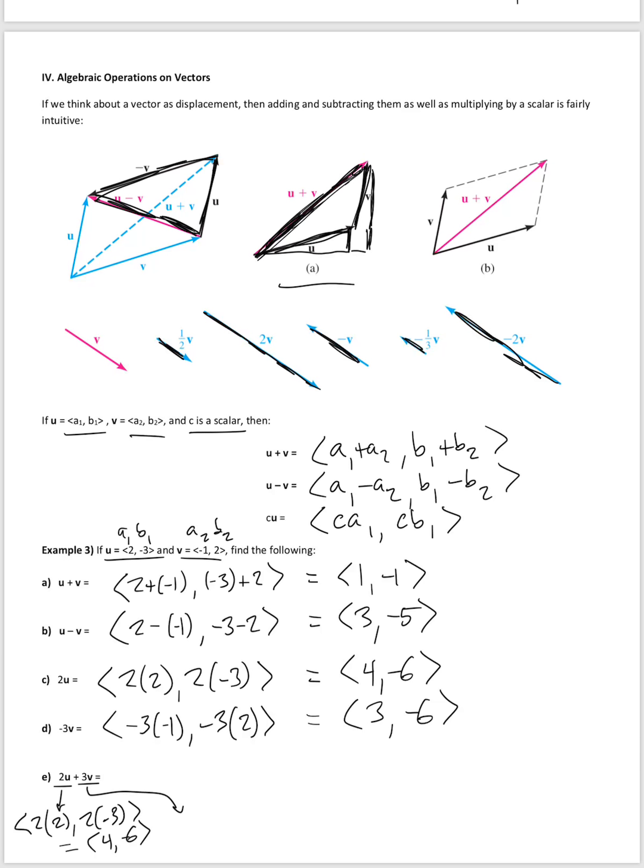Note we didn't do this in part D. This is positive 3v, not negative 3v. So we multiply v by 3: -3, +6. And then we add it together. So 2u plus 3v is going to be 4 plus -3, and -6 plus 6, which is 1, 0.